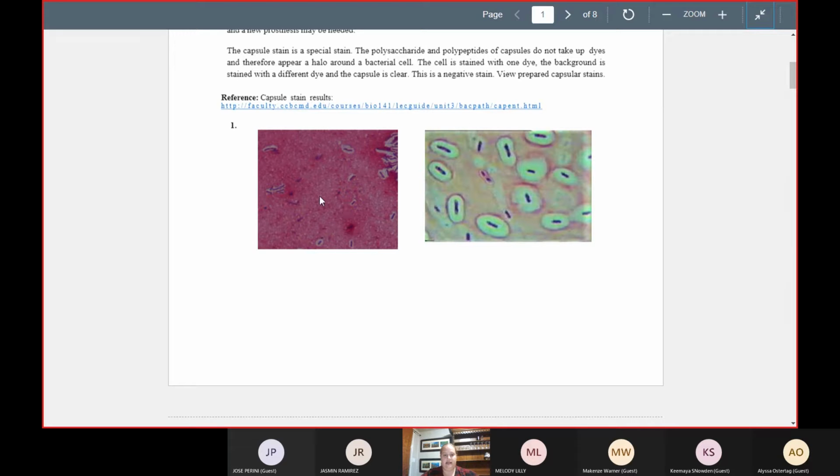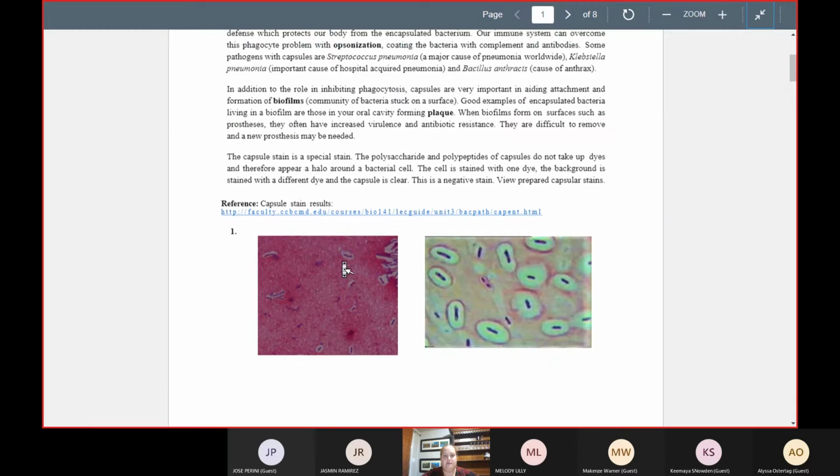On the left-hand side here, it's a little bit further out. You can see the dark bacillus-shaped bacteria again, and around each of those bacteria, you notice this clearing. And it's not really a clearing, it's that loose capsule slime layer that surrounds the bacteria and protects it.